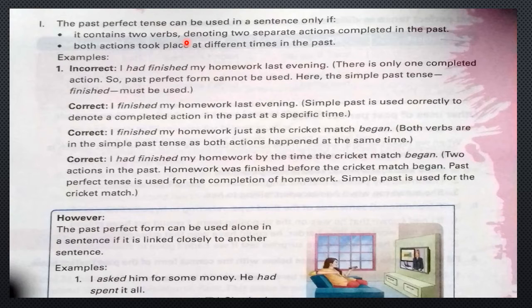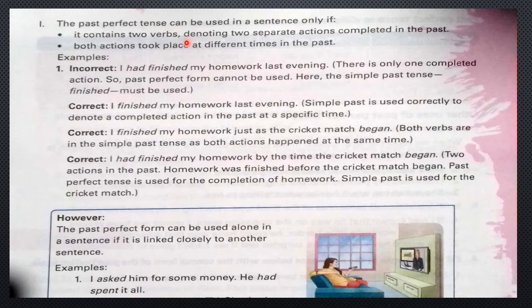And the second condition is both actions took place at different times in the past. So the times should be different when the actions took place. So these are the conditions. If these conditions are found in a sentence, then we are going to use the past perfect tense in one of them and simple past tense in the other.